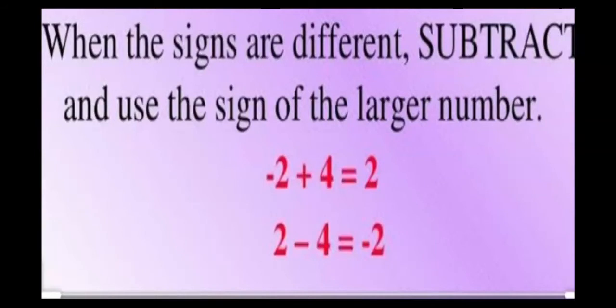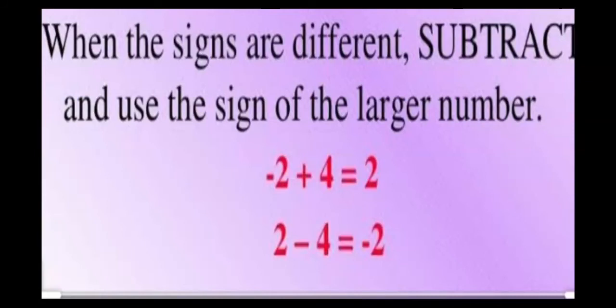Rule number 2. When the signs are different, subtract and use the sign of the larger number. That is, whenever you have opposite signs like plus and minus while adding, you have to look at the numbers, which is greater, which is smaller.